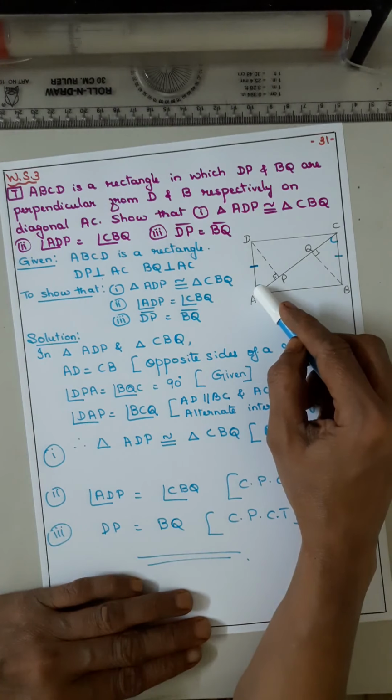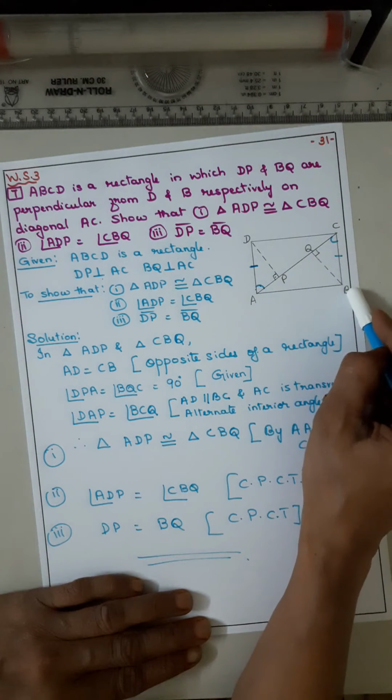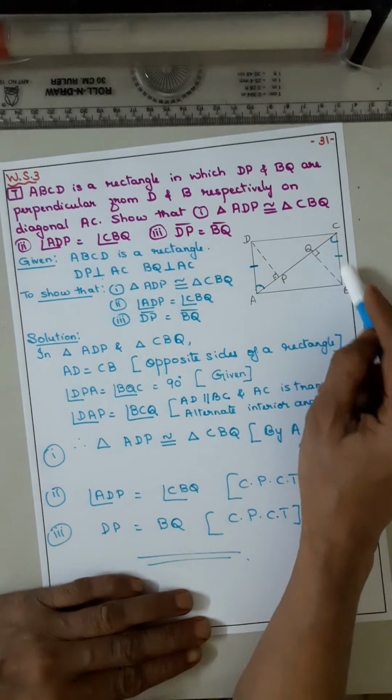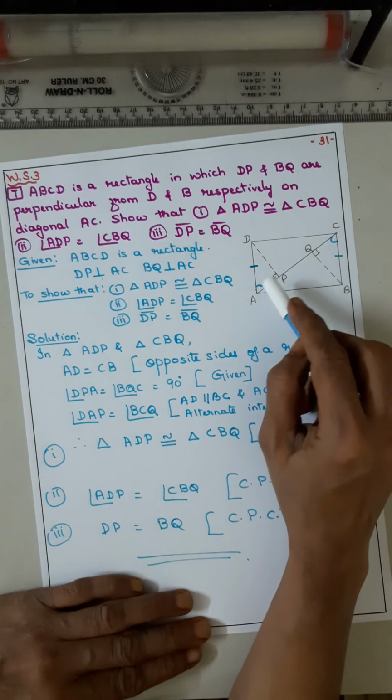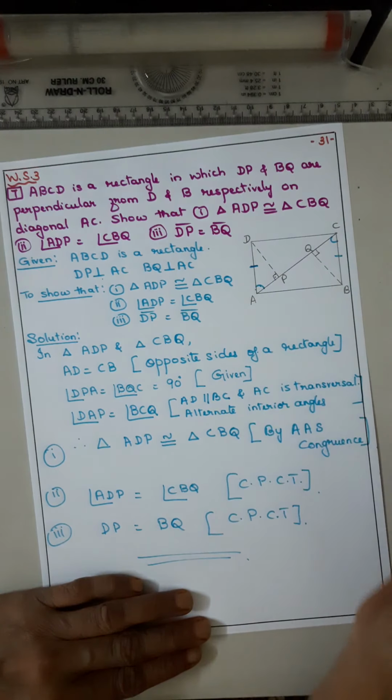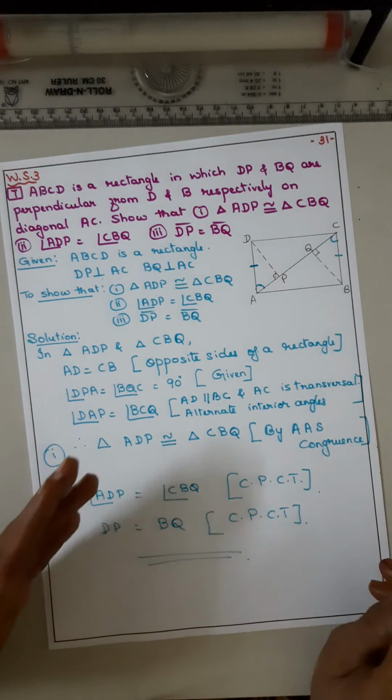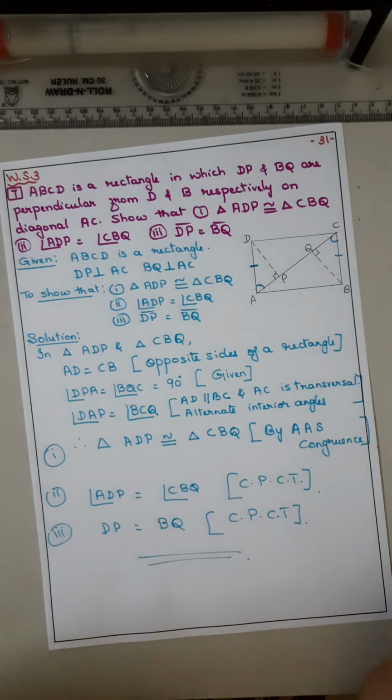And this angle is the alternate interior angle. So angle, side. That is why those two triangles are congruent. Then by CPCT, the other two will be equal. Hope everyone understood. Worksheet 3 also we have completed.